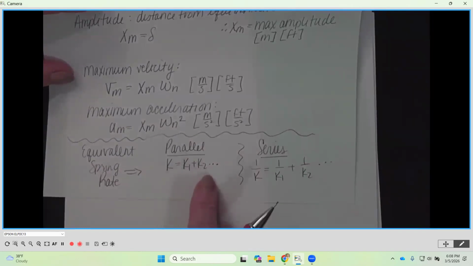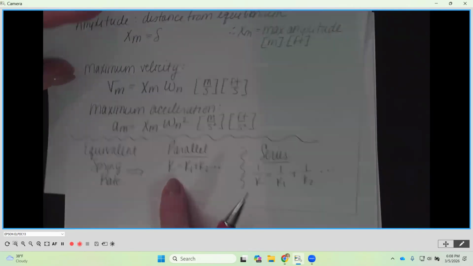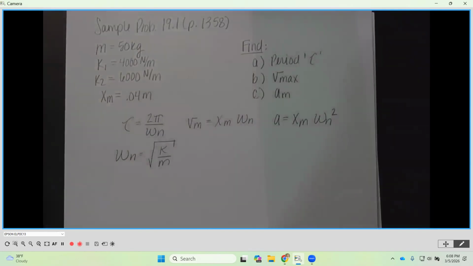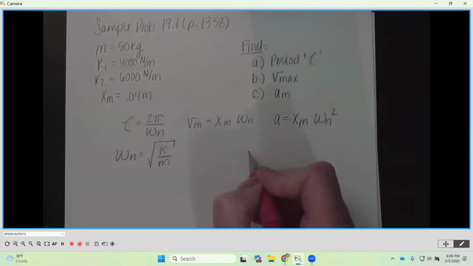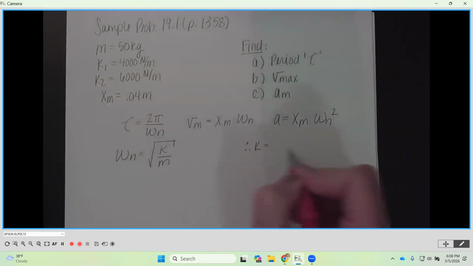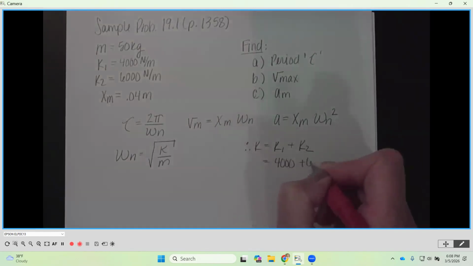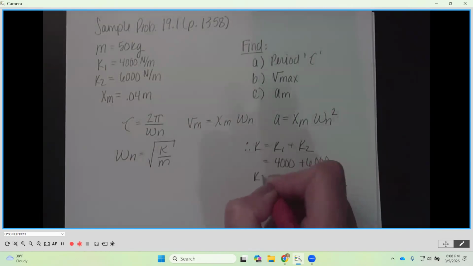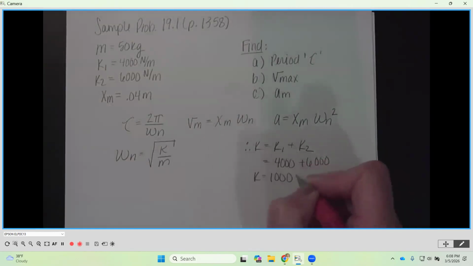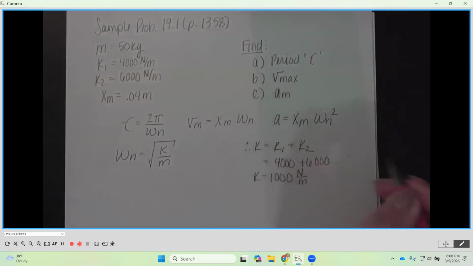We simply add together the 2 spring rates to get the equivalent spring rate, where K is equal to K1 plus K2. That means 4,000 plus 6,000, so my K is going to be 10,000 newtons per meter.